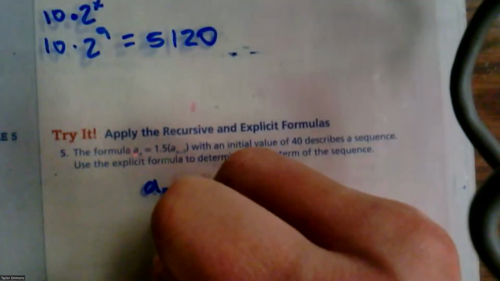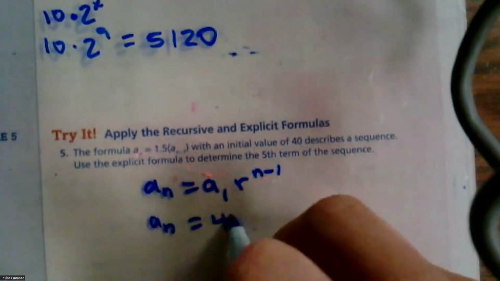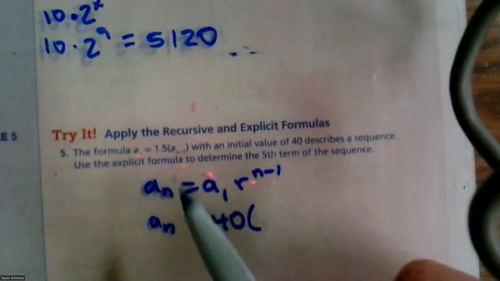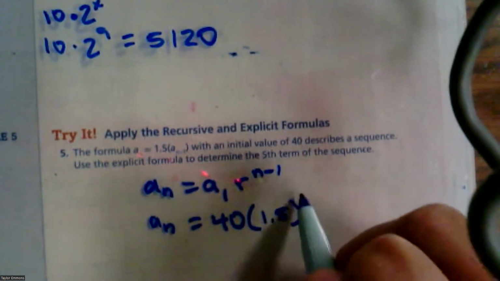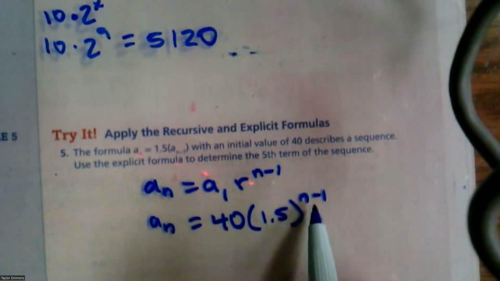Okay, so this is going to give me a sub n equals, what's my initial value? 40. What's our r? 1.5. And then if we're plugging in for our 5th term, we're going to plug 5 in for n.